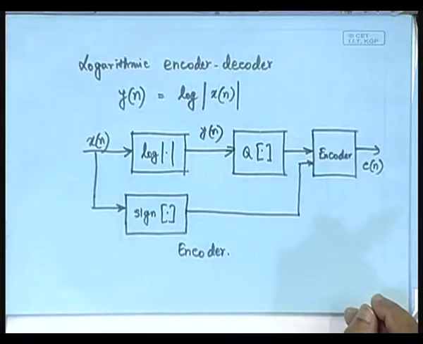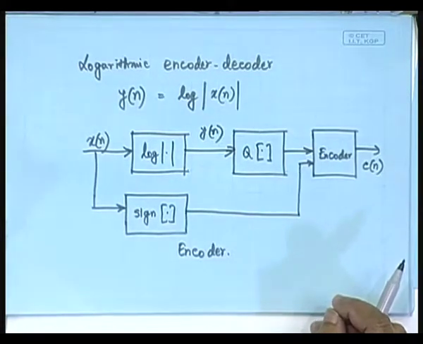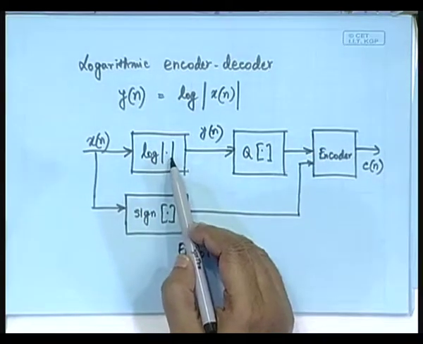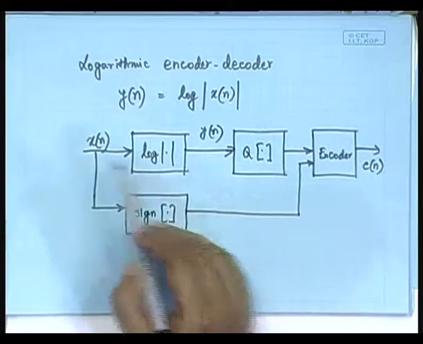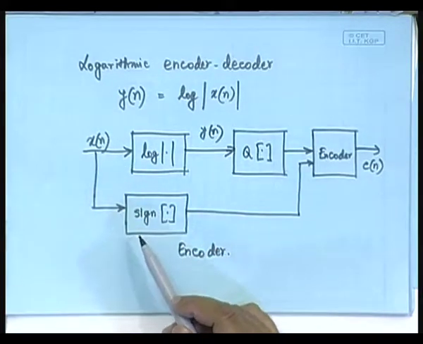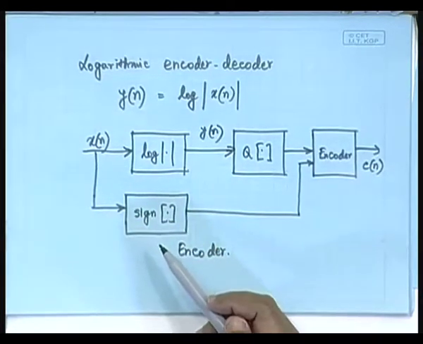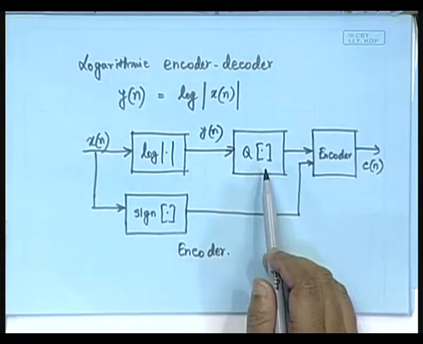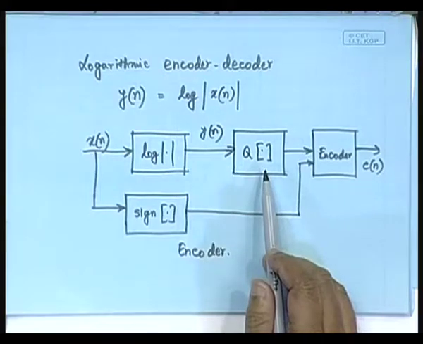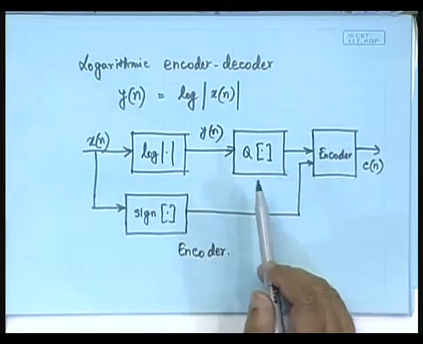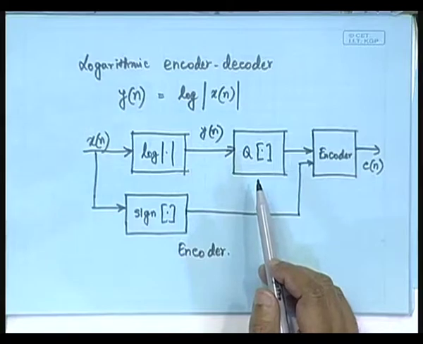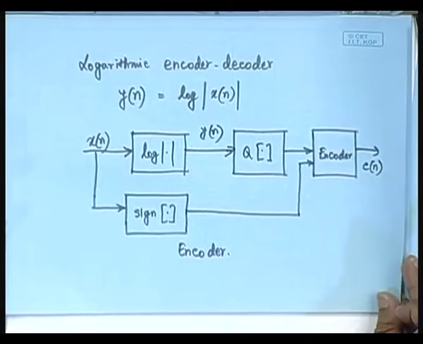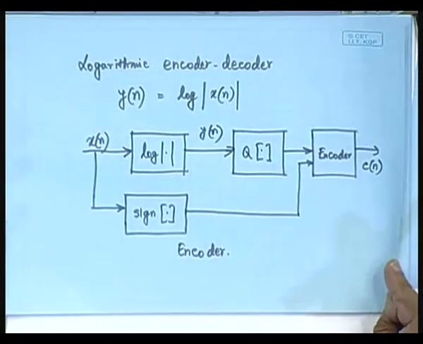Now, at the decoder end, we must have a corresponding inverse transformation, because here we have made a logarithmic transformation. So, to get x of n back, obviously we will not be able to get x of n directly back, because there is a quantizer in between, and the quantizer is definitely going to provide losses. So, instead of x of n, we are going to have x cap of n, which will be ultimately obtained at the decoder.